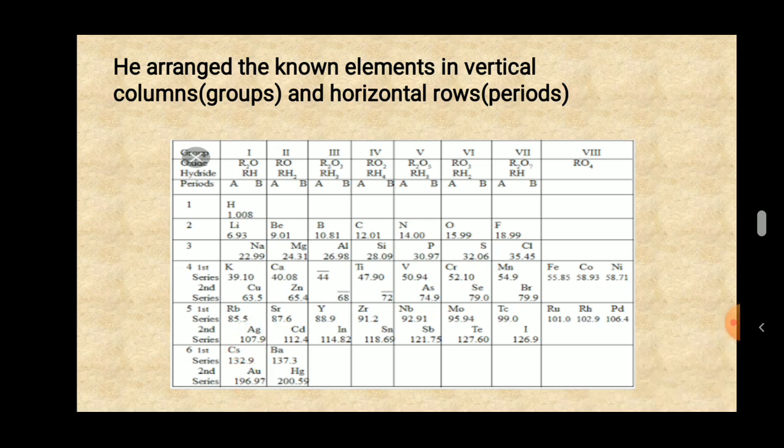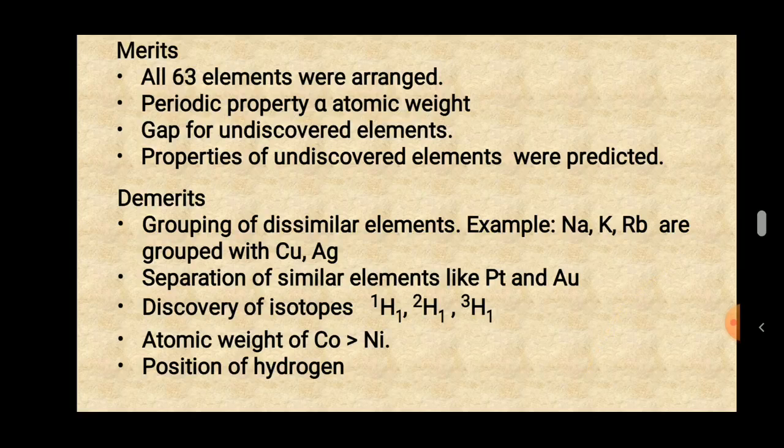Now the next one, discovery of isotopes. I already explained the definition of isotopes in the previous videos, but still I will explain. What is the meaning of isotopes? Isotopes are atoms of the same element. You can see the example I have already given, hydrogen: atoms of the same element having different atomic mass, that is 1, 2, 3, but the same atomic number, 1.